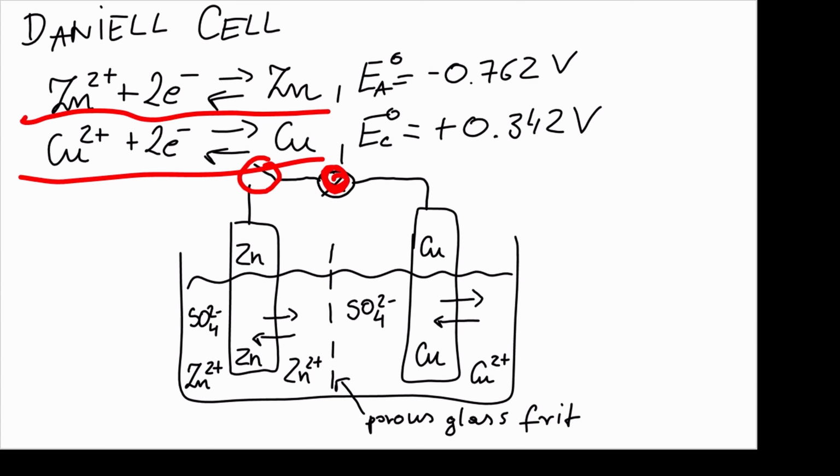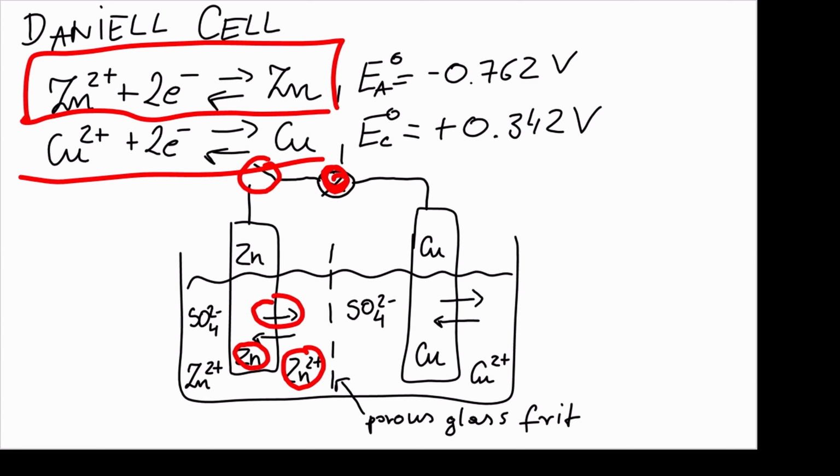It means that, for example, concerning the zinc half cell, the reduction reaction of the zinc cations proceeds at the same time and at the same rate as the oxidation reaction of the zinc atom to zinc cations. So zinc is oxidized to zinc cations, and immediately after that, zinc cations are reduced to the metallic zinc.